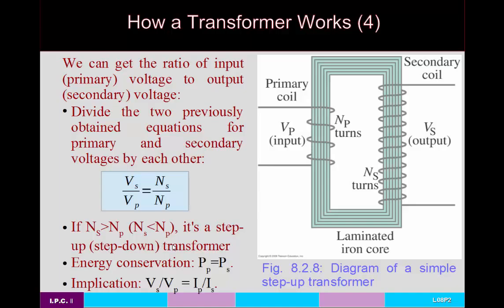Now, energy conservation suggests that the power in and the power out should be the same. With that said, you can actually set it up so that the resistance in the two coils, or in the two wires, is different. If you put a large resistance in this wire compared to a small resistance in this wire, what are you going to get?